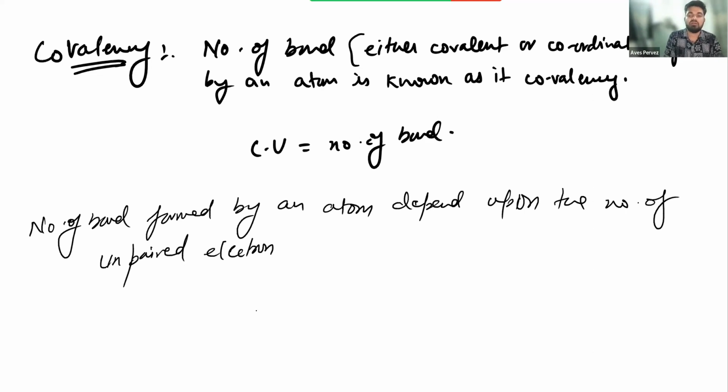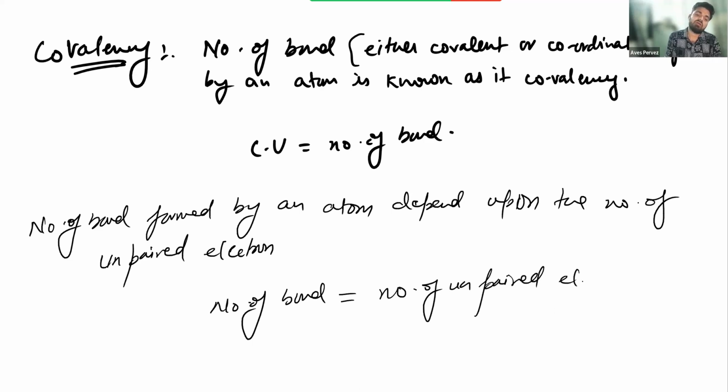The number of bonds is equal to the number of unpaired electrons. Please note it down. And that is also equal to covalency.